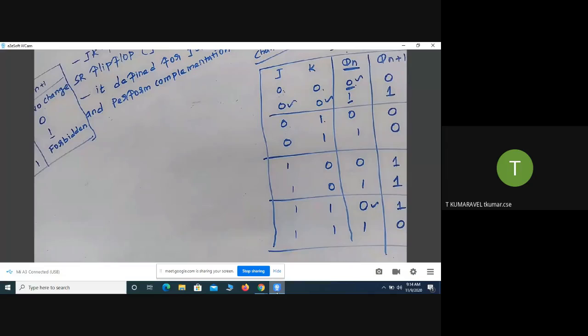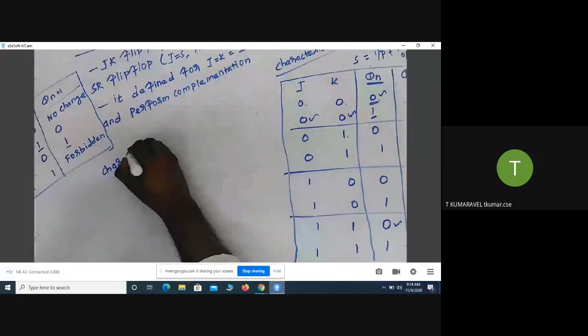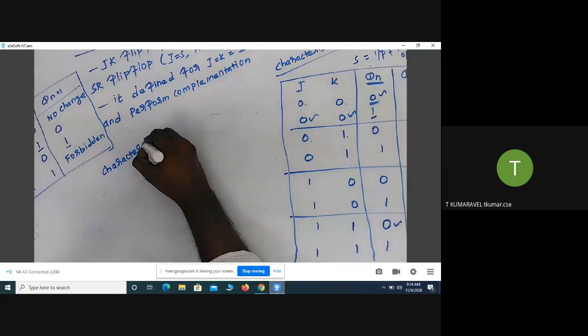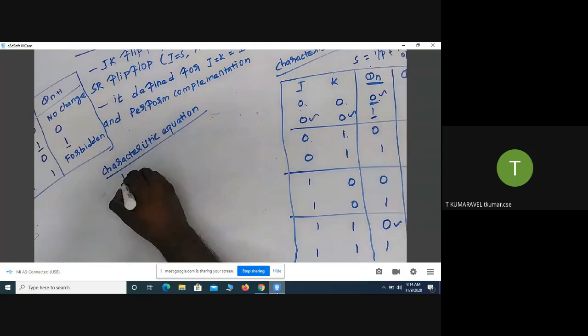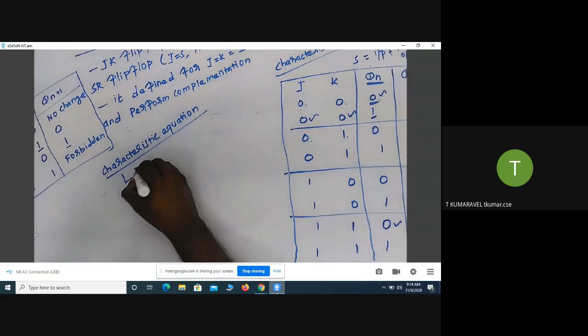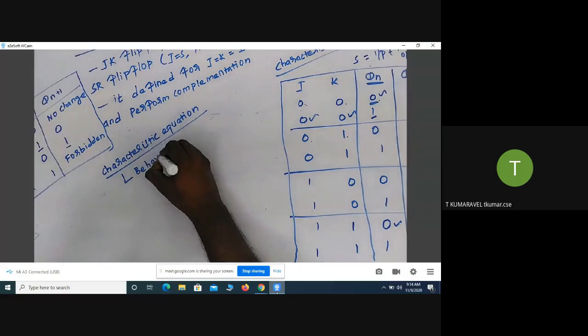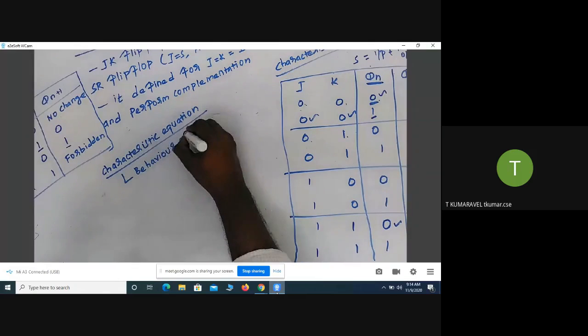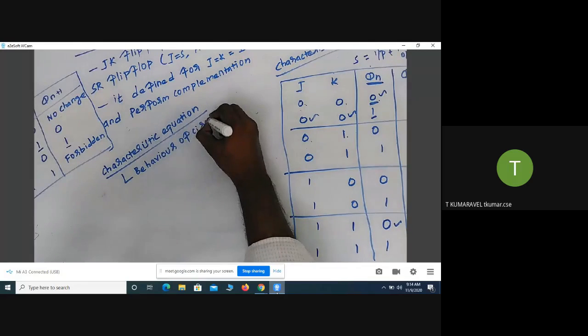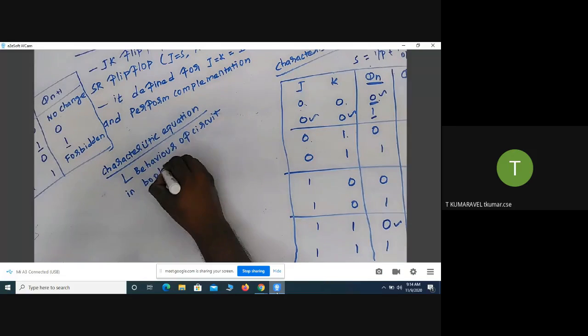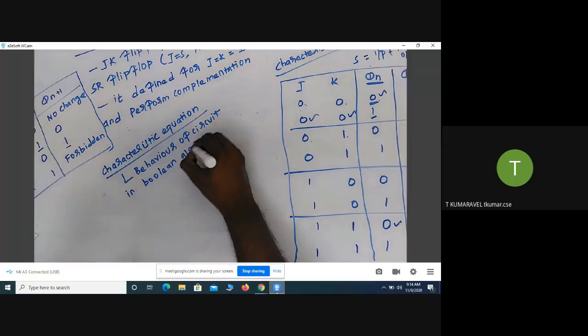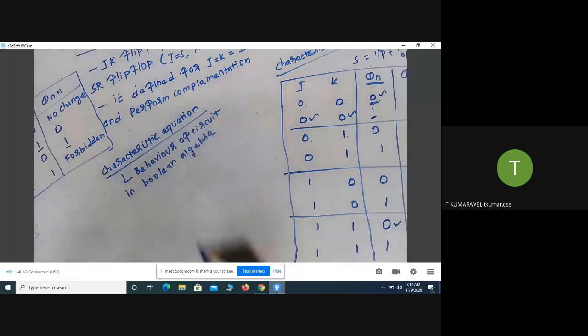It tells the behavior of the circuit in Boolean algebra representation. That is called a characteristic equation.